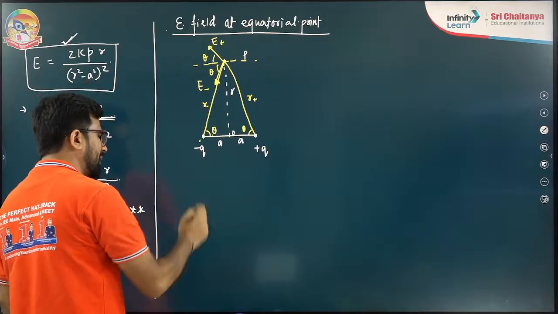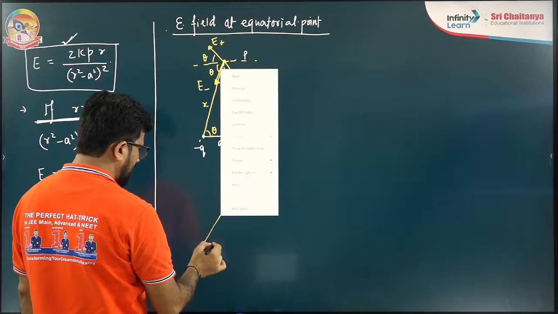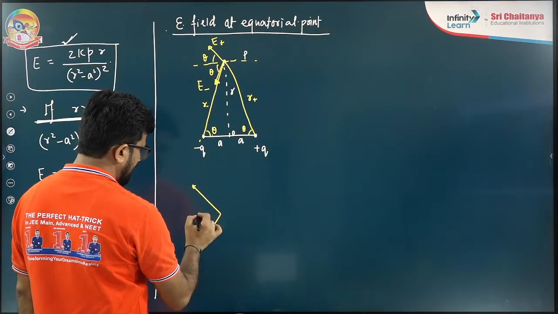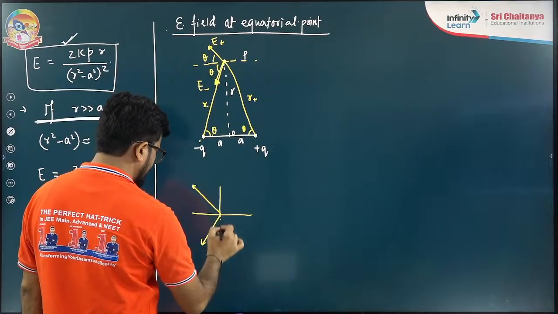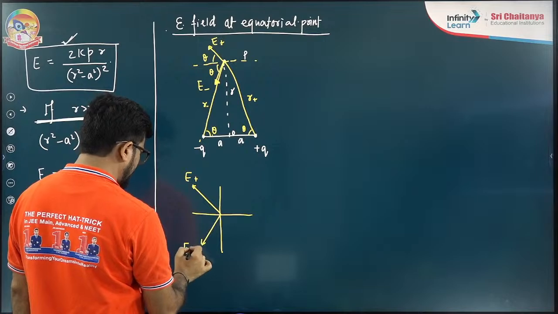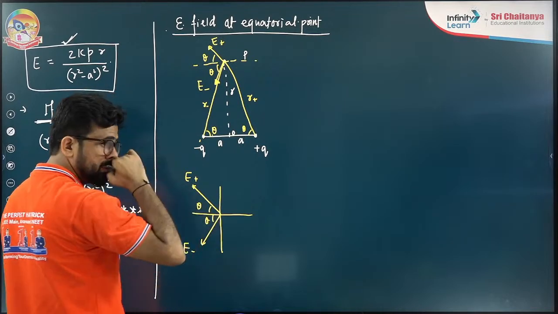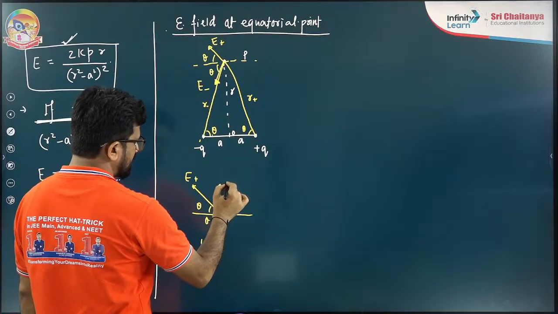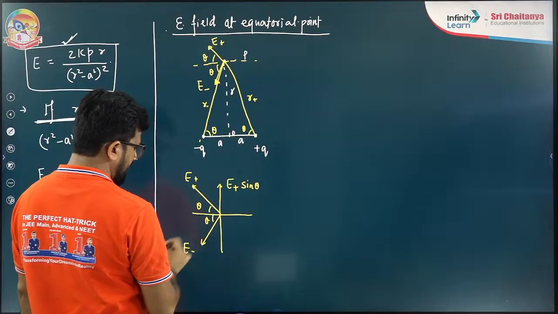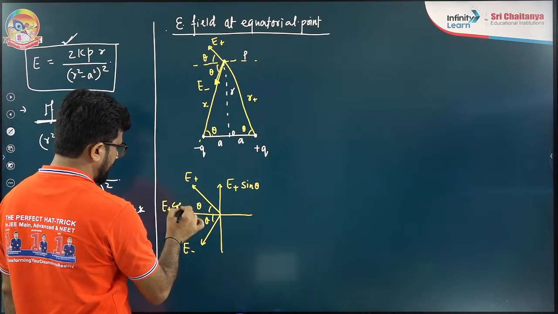I am drawing this part, not disturbing this diagram. You will see here these are two fields. This is E positive, this is E negative, beta. This angle is theta and this is also theta. Numerically both are equal. So this is E positive sin theta, and this is E positive cos theta.